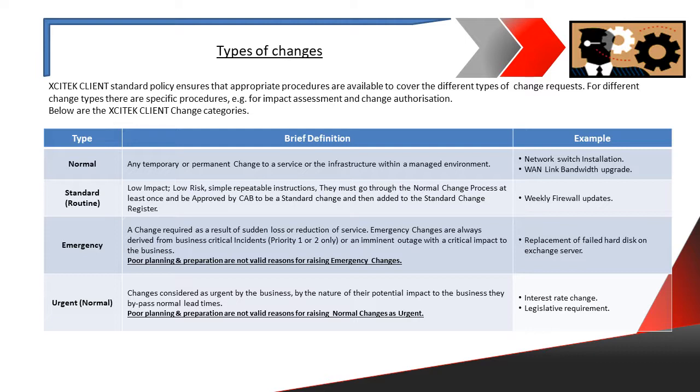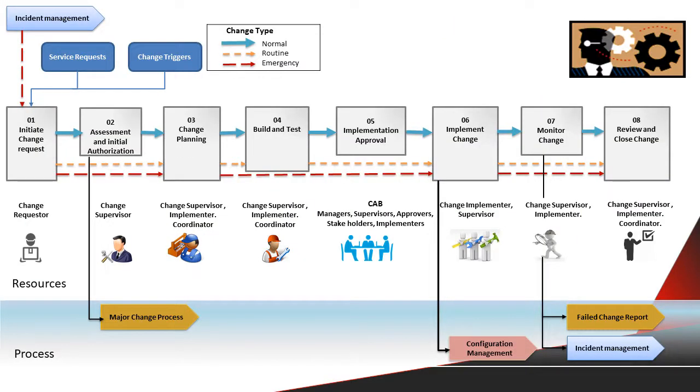What I'm going to discuss in today's presentation is emergency and urgent changes. Let me go through the urgent change first. An urgent change cannot be the result of poor planning, but it can be a request from the business that has to be implemented as soon as possible.